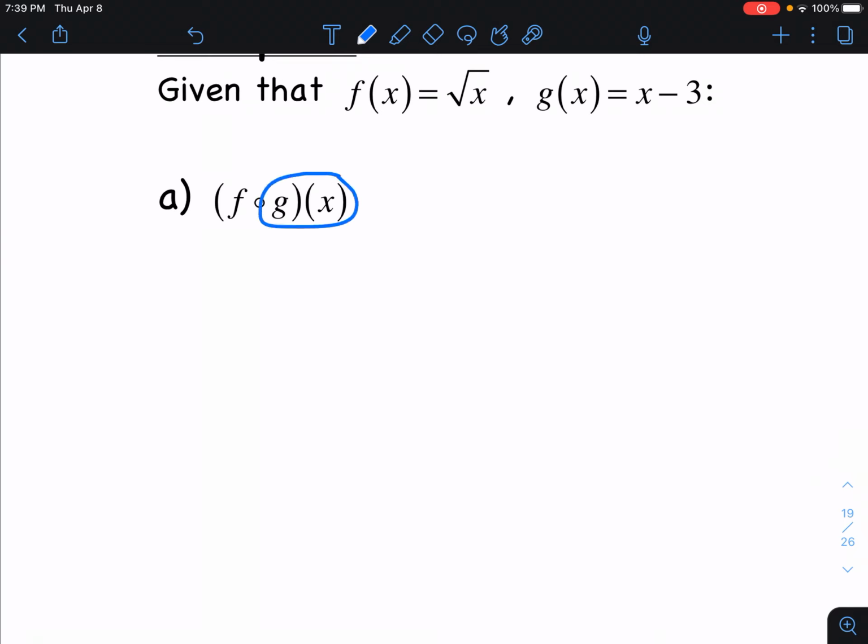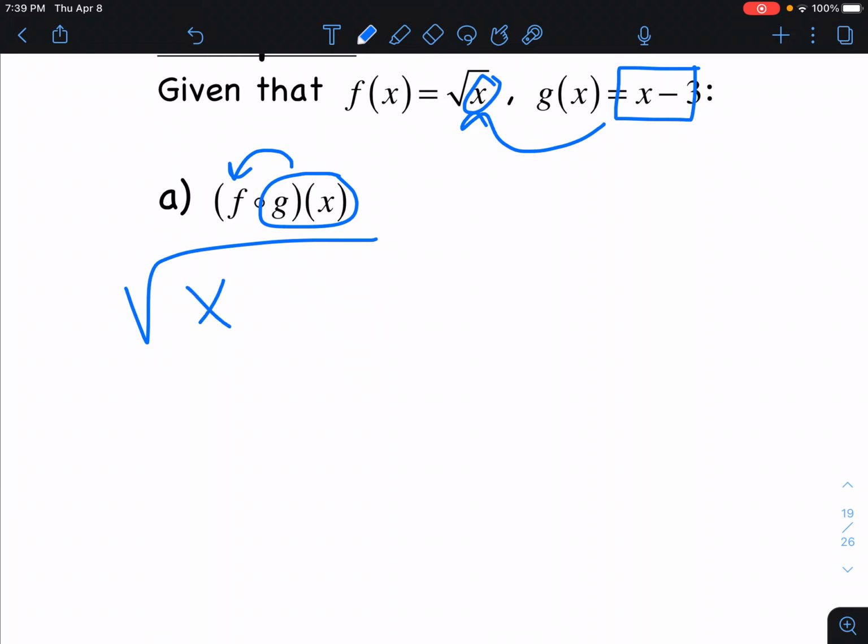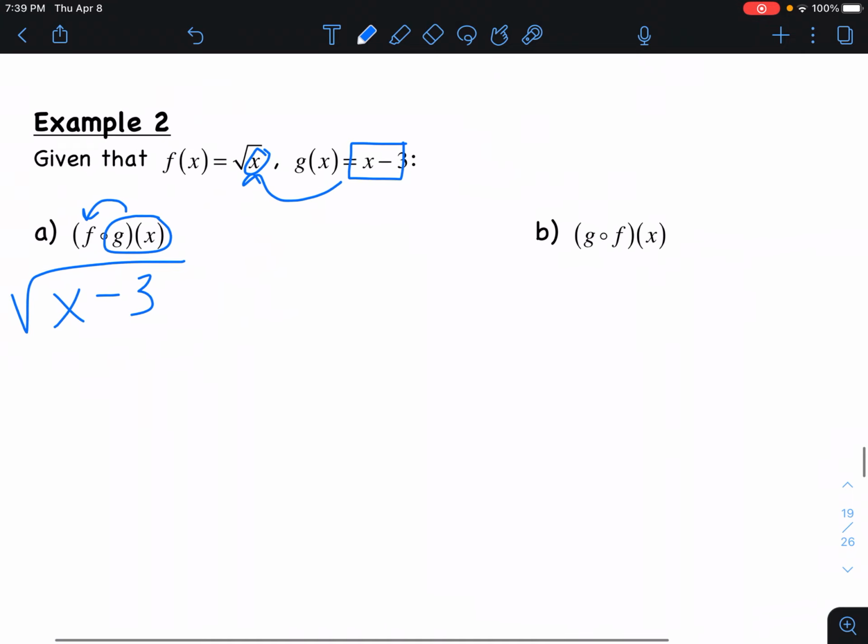So again, we're going to take the g and plug it in for the x's into f. So g is going in for the x in f. So that will be, instead of square root of x, it'll be square root of x minus 3. The x gets replaced with x minus 3. And that could not simplify, so it's actually done. Sometimes we have very little work to do.